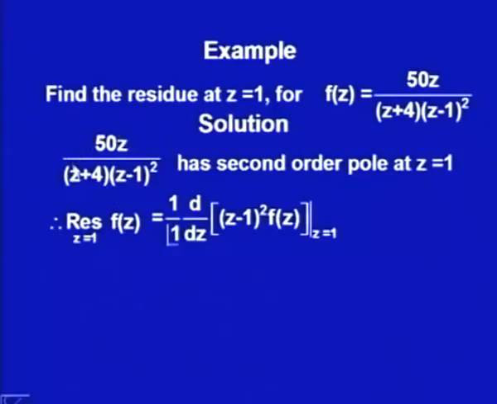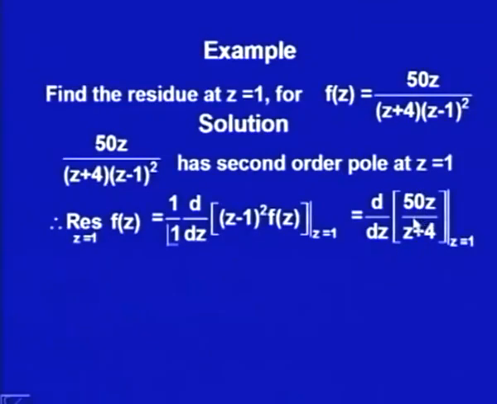If I multiply this function f(z) with (z minus 1) whole square, I would get 50z upon (z plus 4). So I have to find the derivative of 50z upon (z plus 4). You see that whenever the function is of the form (z minus z naught) to the power m into f(z), it gives us a simple function for the differentiation.